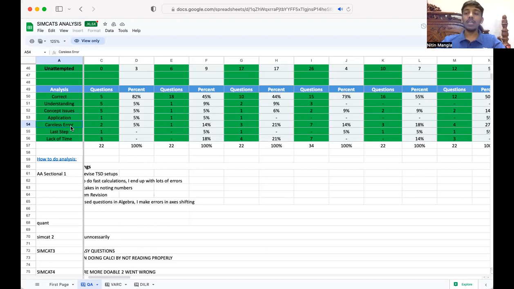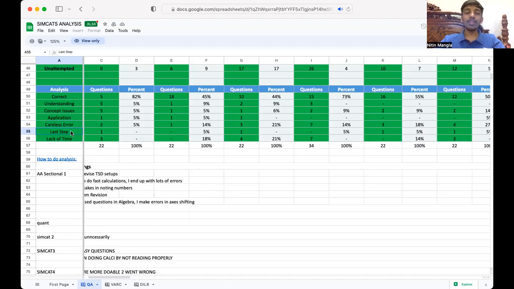A silly mistake can be anything like a reading mistake. For example, there are 20 mangoes given, but in the calculation you take 25 mangoes. In profit and loss, you have to find the profit, but you find the selling price and mark that answer. That's very much a silly mistake, a dull mistake not worth pondering over.